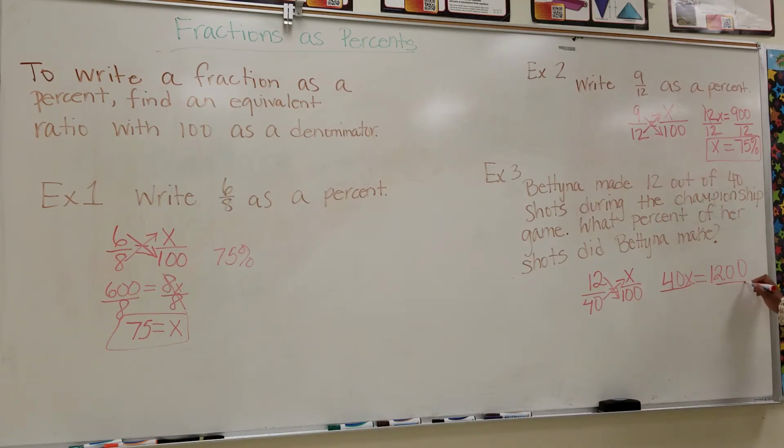So we divide by 40 on both sides. 40 divided by 40 will give us 1, so they immediately cancel out, and we are now left with x. 1200 divided by 40 will give us 30. So now we know that Bettina made 30% of her shots during the championship game.